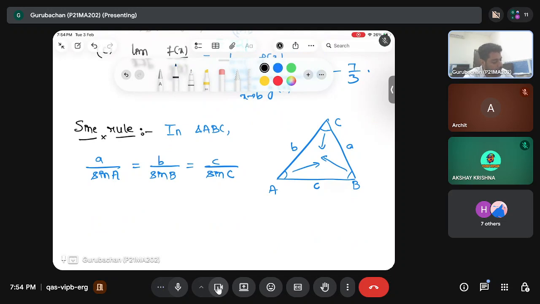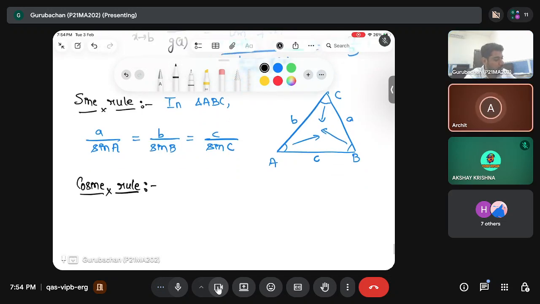Next one is, in the same way, with the same notation, what is cosine rule? Sir, cosine of any angle will be equal to sum of squares of the adjacent sides minus square of the opposite side upon 2 times of the adjacent sides. Okay.